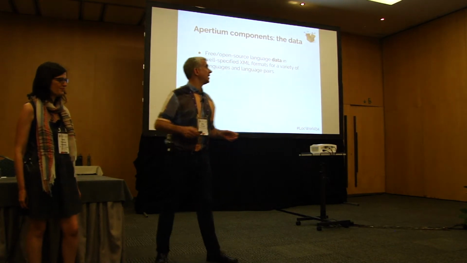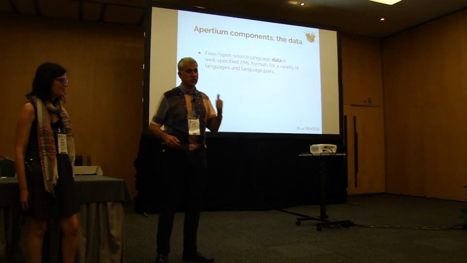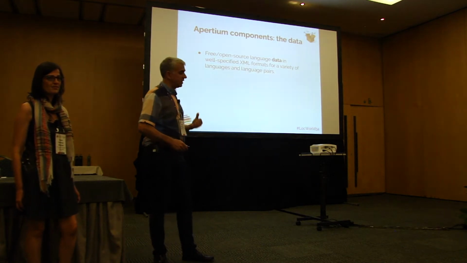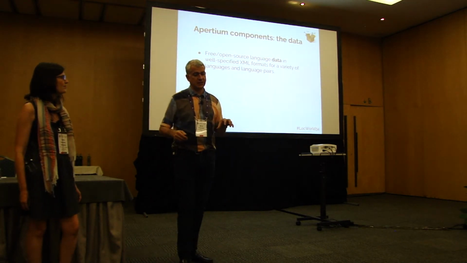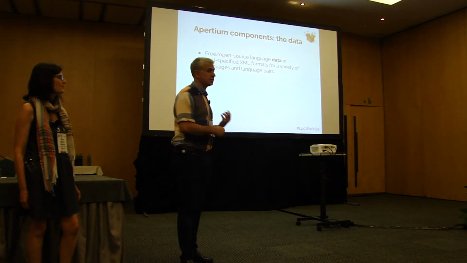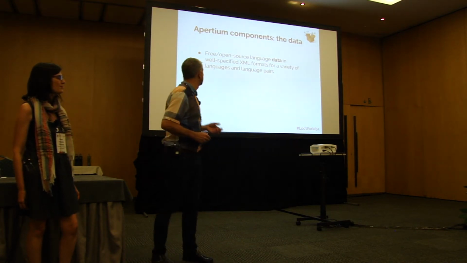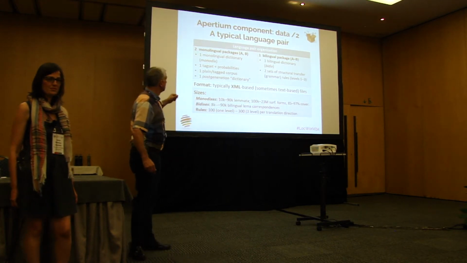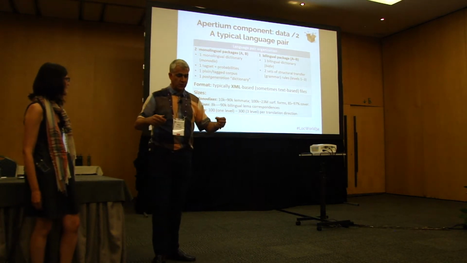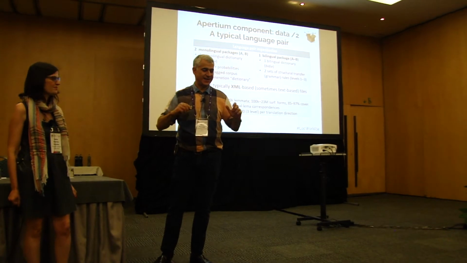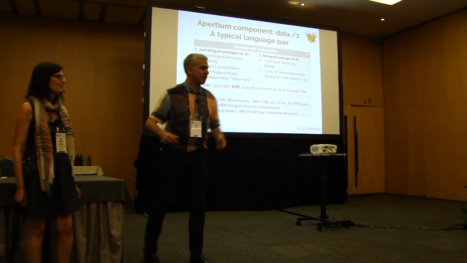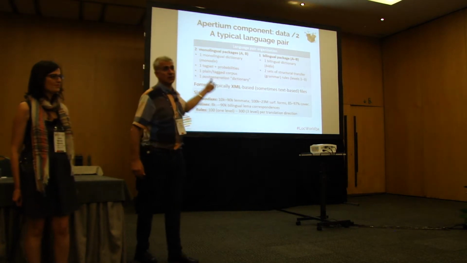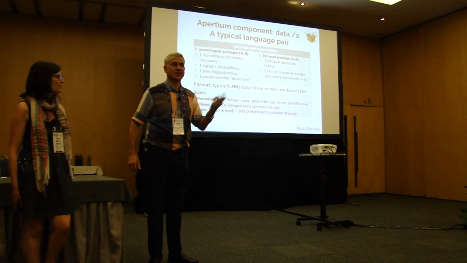The data, all of the data is also free, open source, and it's written in well-specified XML formats, and it's available for a variety of language pairs. So this would be a typical Apertium language pair. When you install your engine and you install your language pair, it comes with two monolingual packages for the languages A and B, so the two languages of the pair.